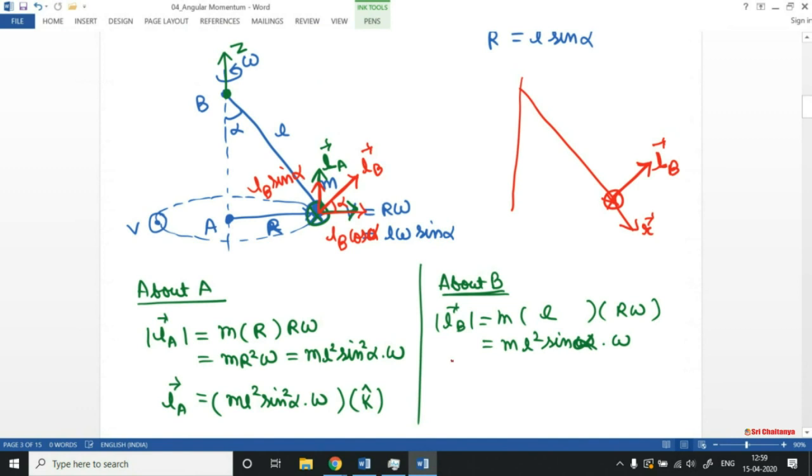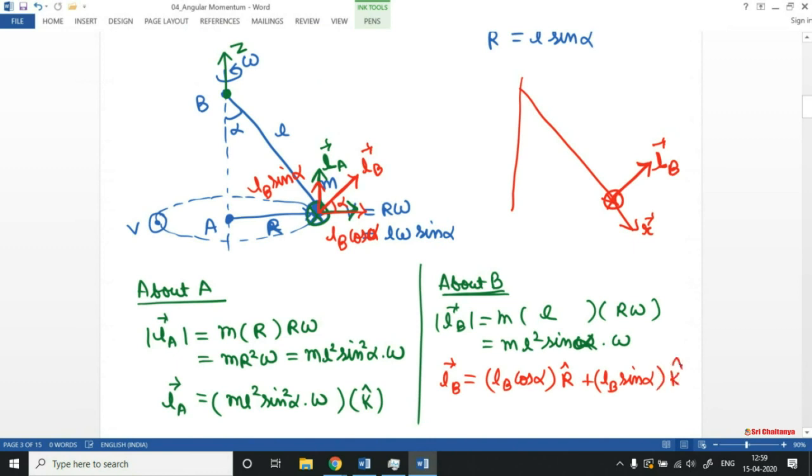Okay, so in vector form, LB can be written as LB cos alpha along r cap, plus LB sine alpha along k cap.